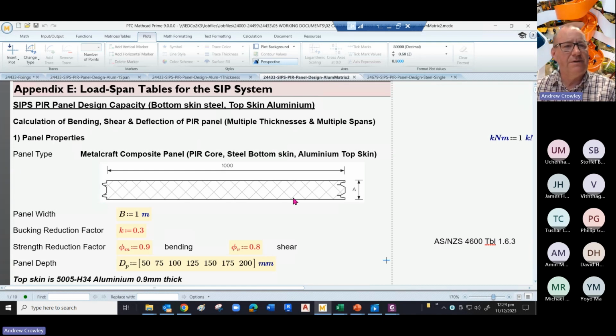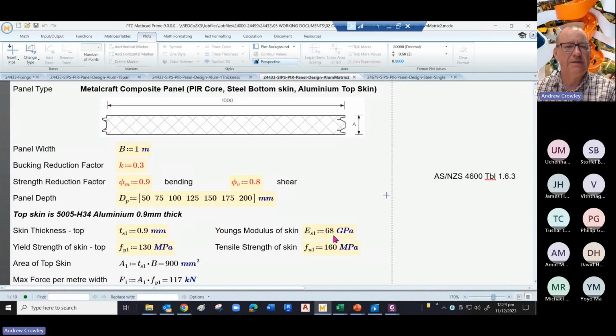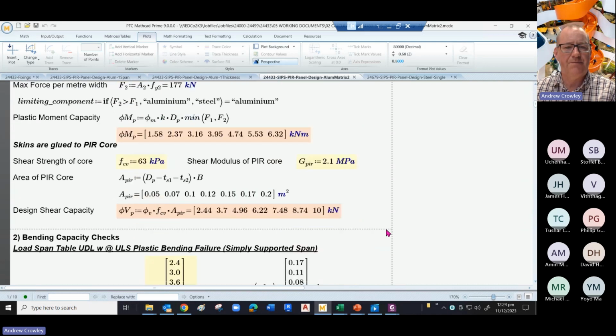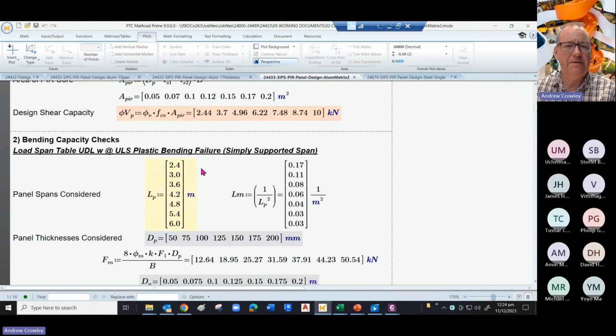So we go on to our composite panel, and we're looking at the same input parameters. We've got panel depths ranging from 50 millimeters to 200 millimeters, and we've now got spans ranging from 2.4 meters to 6 meters.